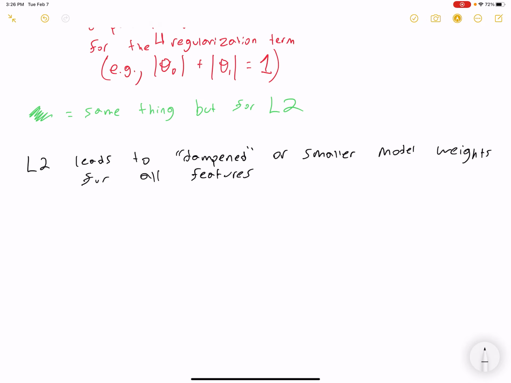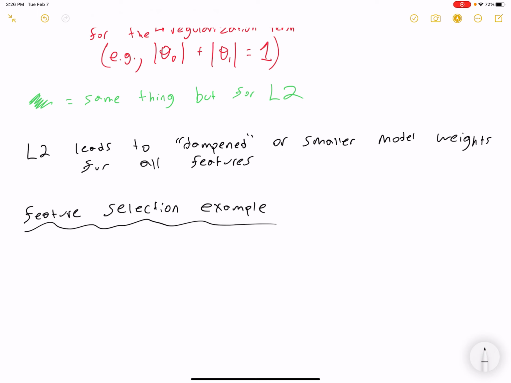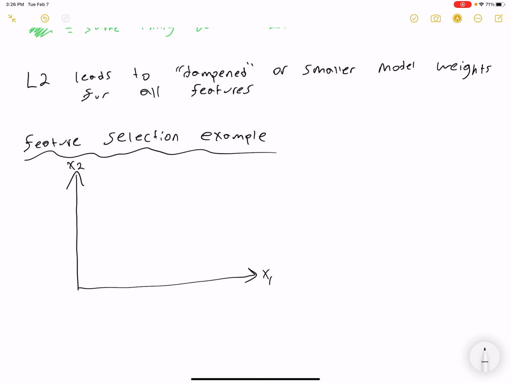So for example, in a feature selection case, we might start off with just another example. Let's say we're classifying animals now.